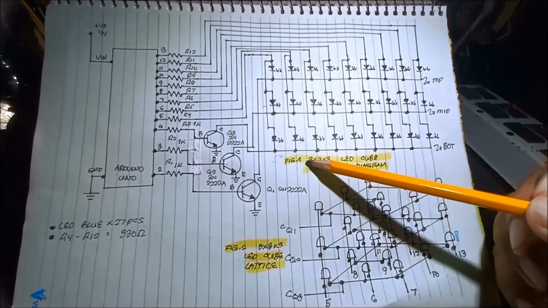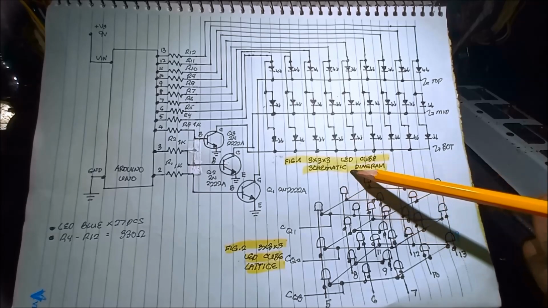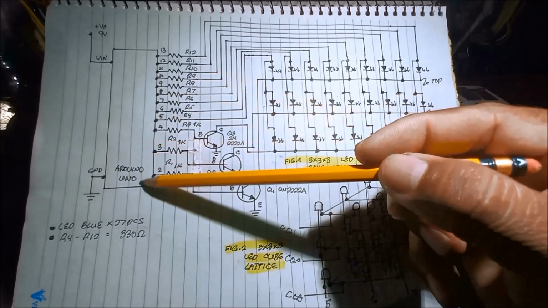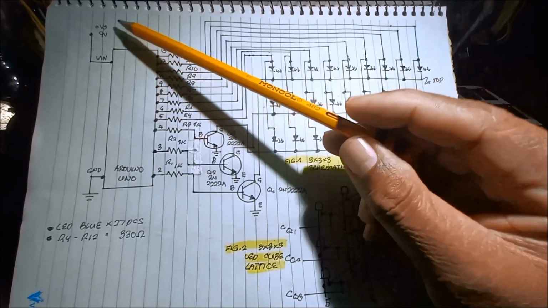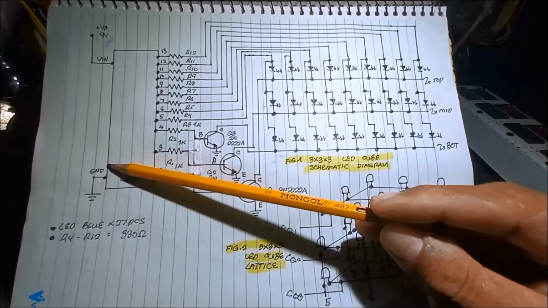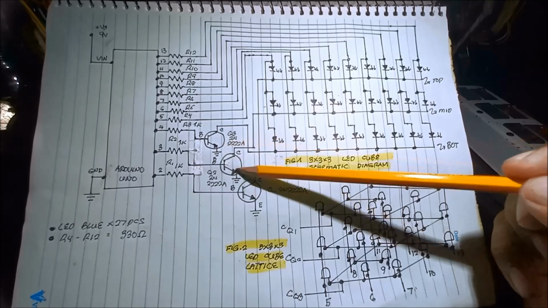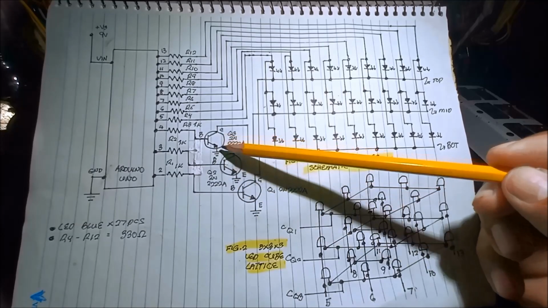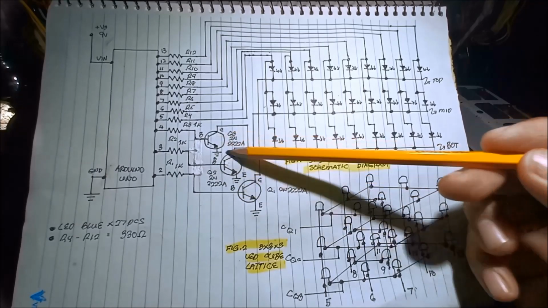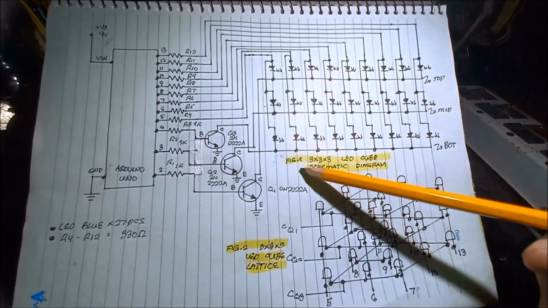We have in figure 1 the 3x3x3 LED cube schematic diagram. So we have this Arduino Uno, 9 volts battery, the supply, and then the ground. The ground of Arduino is connected together with all the ground of the transistors. So you can see here the transistor, and then some resistors, and then these are the blue LEDs.